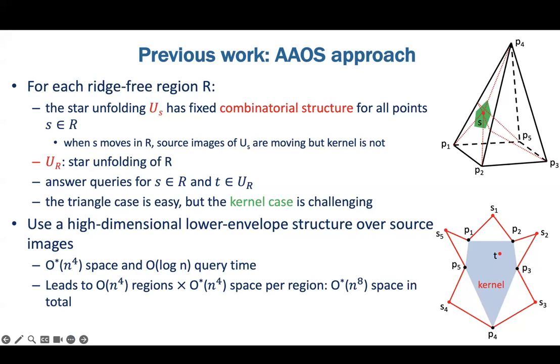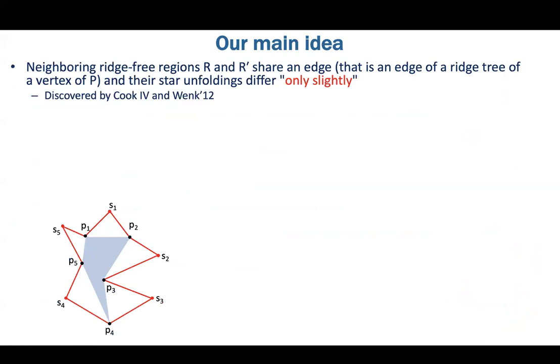Okay, here's our main idea. The observation is that neighboring ridge-free regions share an edge, that is an edge of the ridge tree of a vertex P, and their star unfoldings actually differ only slightly. This was discovered in the previous work by Cook and Wang.